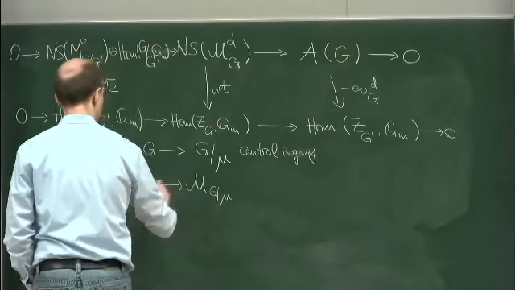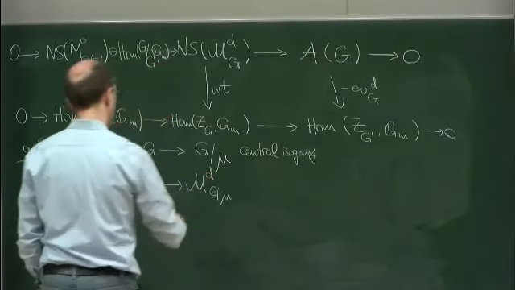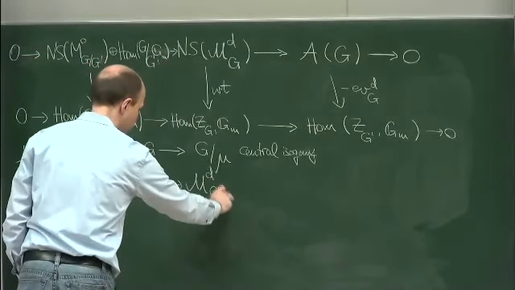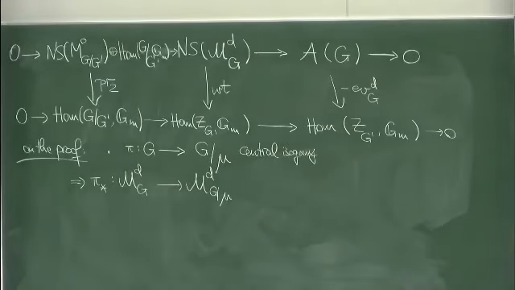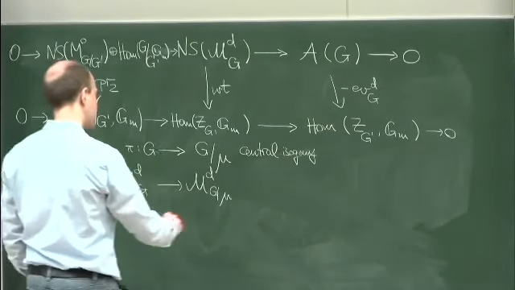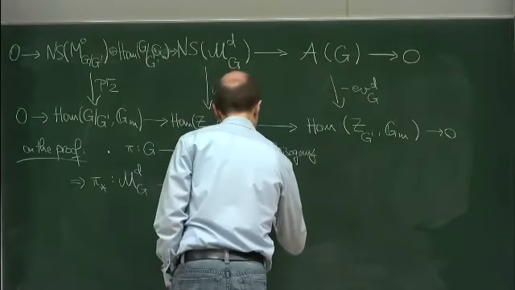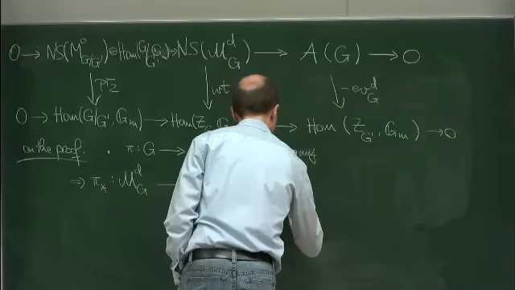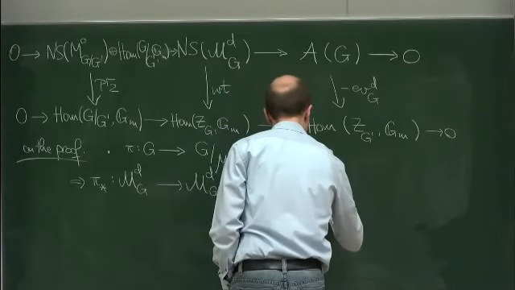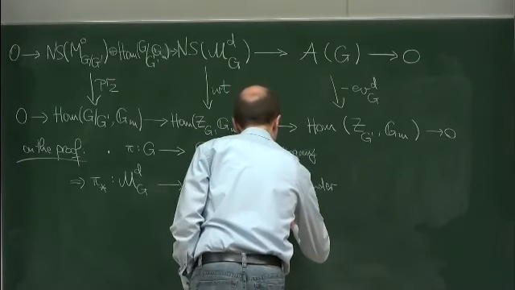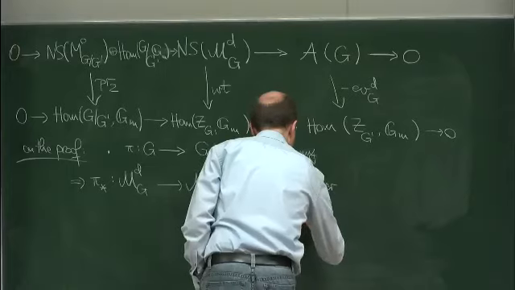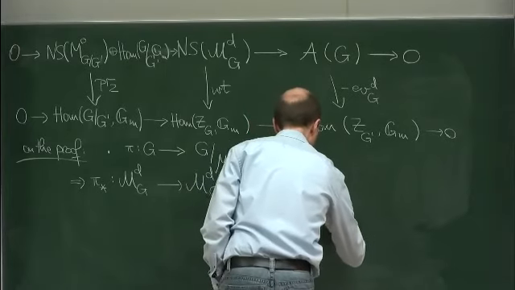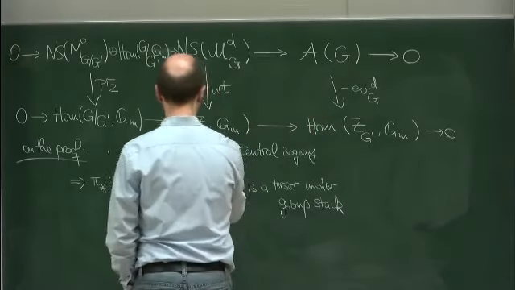And if you take the topological type D here, you end up with the image of D in the fundamental group of that, which I denote again by G. So this map you have, and this is actually a torsor under the group stack of principal mu bundles.